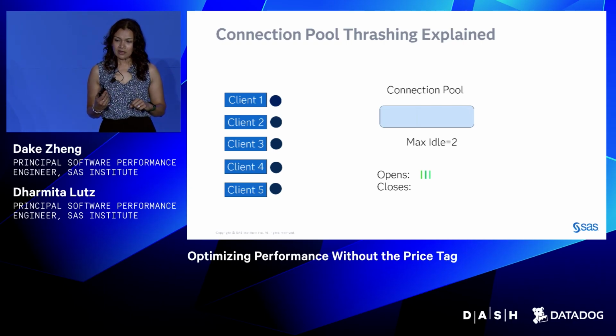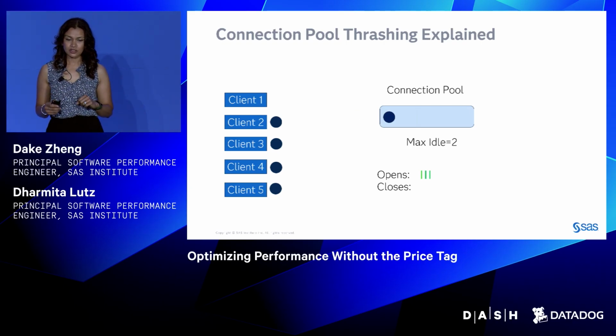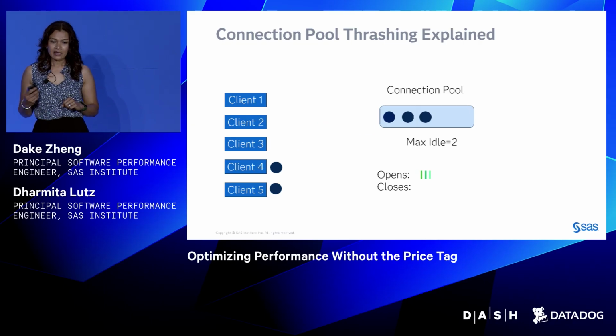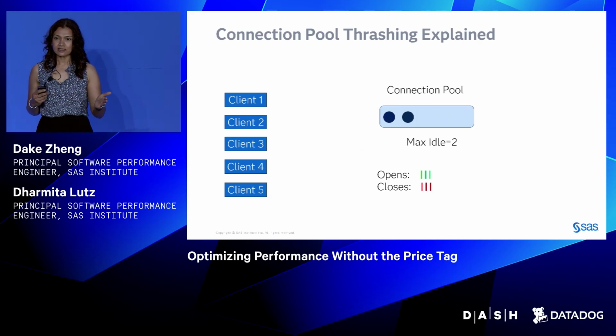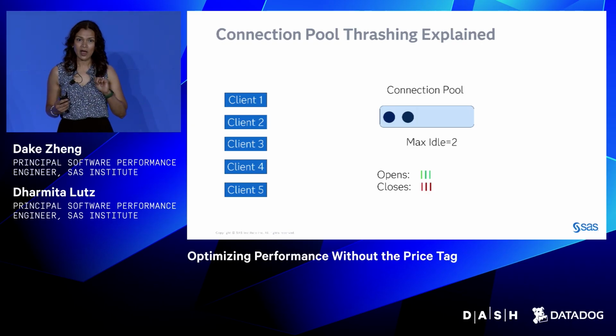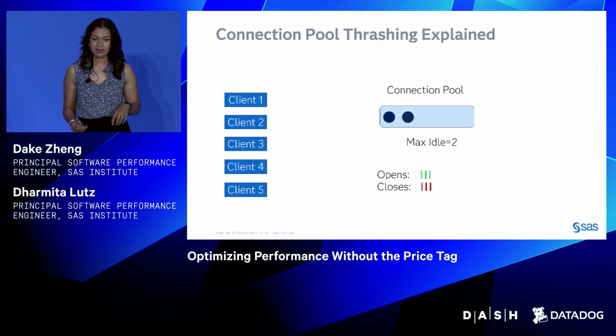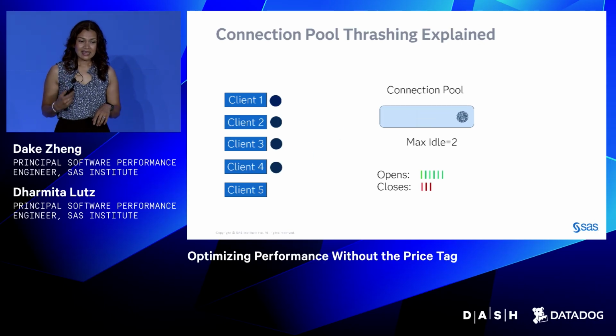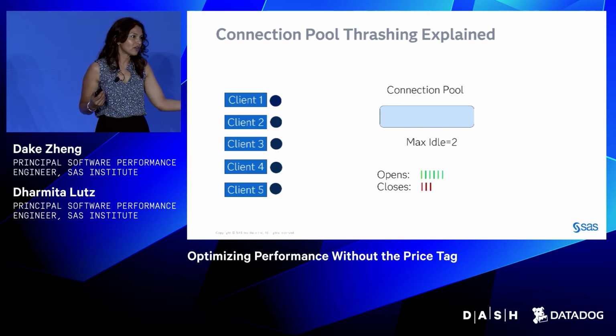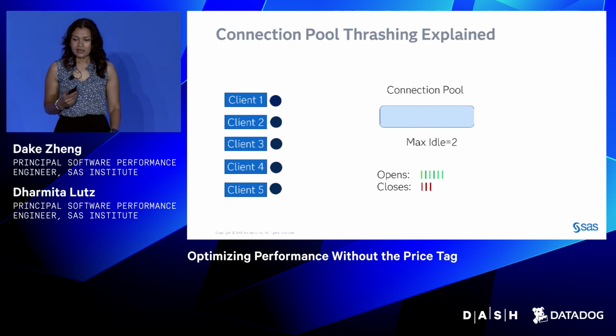Now, when we are finished with the connection, we return them. And we have to close the ones that exceed 2 because we can only have 2 idle at any point in time. So now when we need connections, we have to create them again. And just moments ago, we had a connection available. So we now understood the high rate of thrashing.